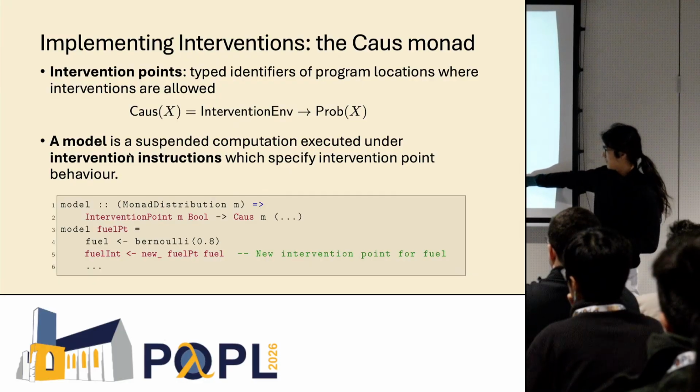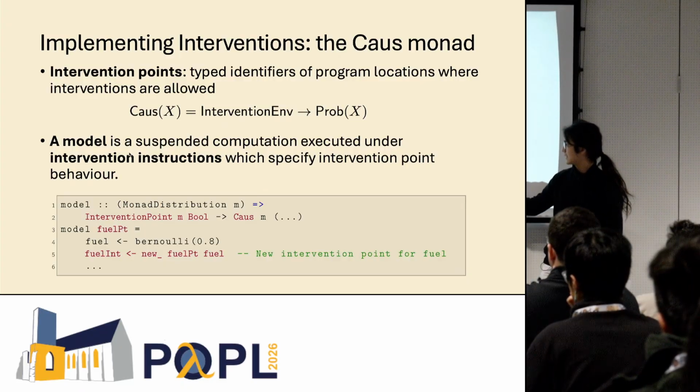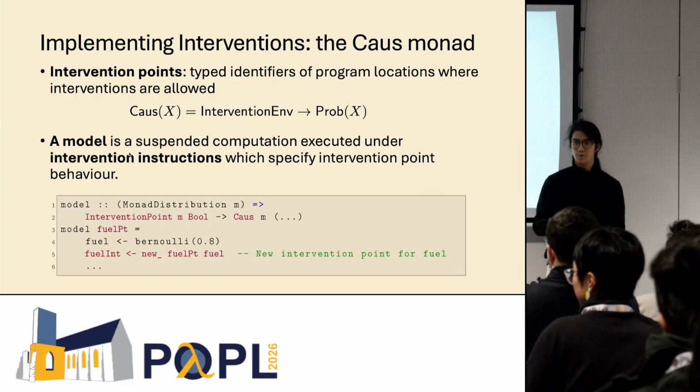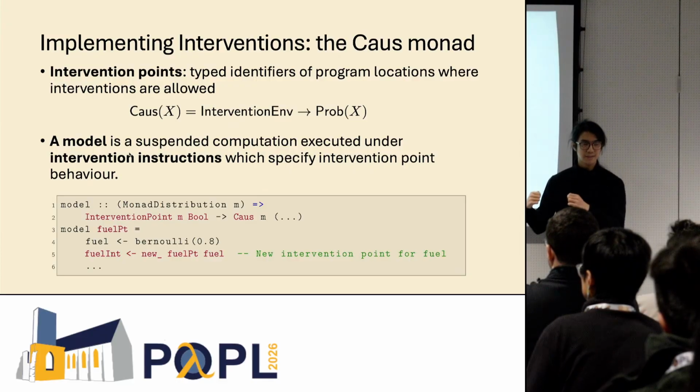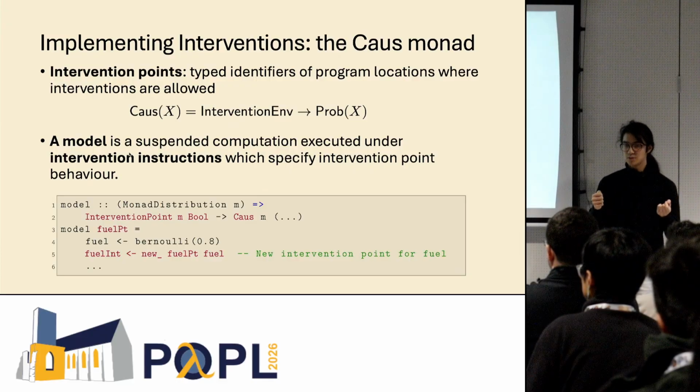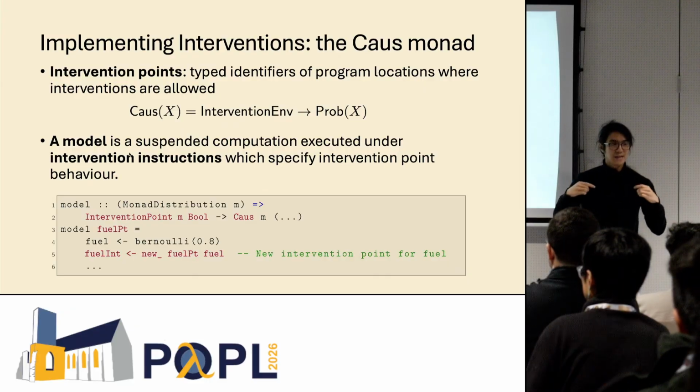At line 5 here, we're creating a new intervention point for the original fuel value. This new operation takes an identifier called fuel point. And what it does on this fuel value is that it reads from the environment, gets all of the intervention instructions associated to this intervention point, and then applies them on fuel.